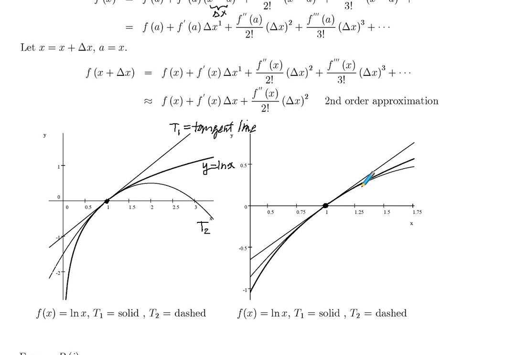And here if we zoom in on the point, the darker curve here in the middle is y equals ln x. And then the tangent line is here, T1. And then the quadratic approximation, the second order approximation, T2, is right here.